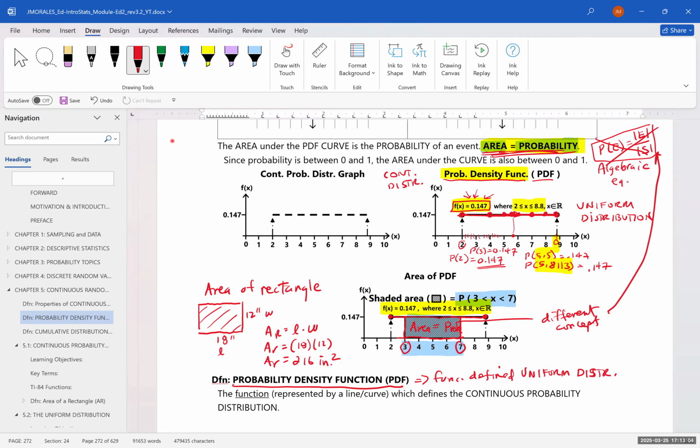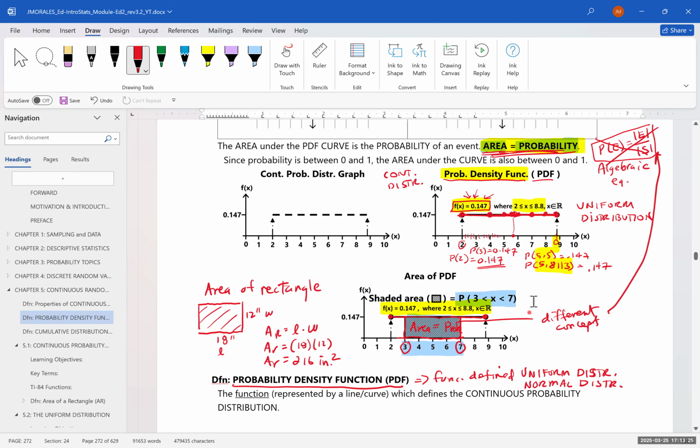And in the next chapter, in chapter 6, the probability density function won't be the function that defines a uniform distribution, but it'll be the function that defines another distribution called the normal distribution. Okay.